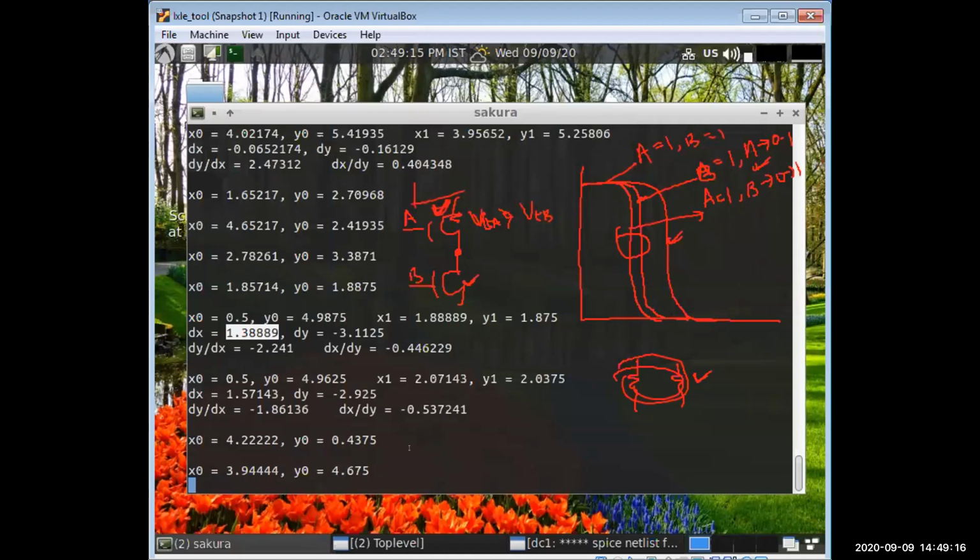We are changing this voltage. Since the threshold voltage will be more, after some voltage a little more voltage is required to turn on this path, because no path is on now. So this is on, but this path is not on, and this is your output.